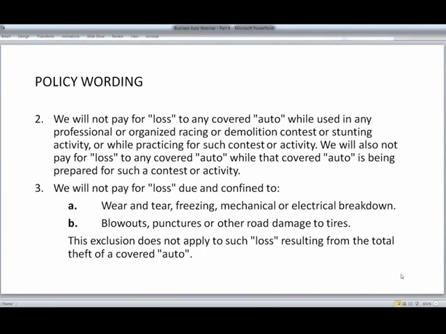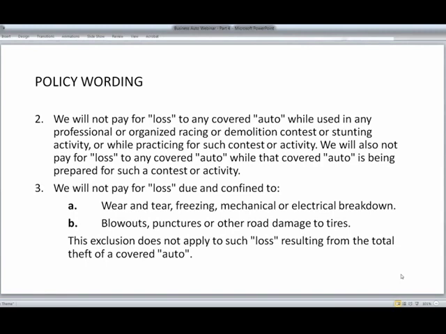So the next one is racing. We will not pay for loss to any covered auto while used in any professional organized racing or demolition contests or stunting activities, or while practicing for such contests or activities. We'll also not pay for loss of any covered auto while that covered auto is being prepared for such a contest or activities. We also exclude the liability for that vehicle involved in that, as well as the physical damage for those vehicles involved in that.